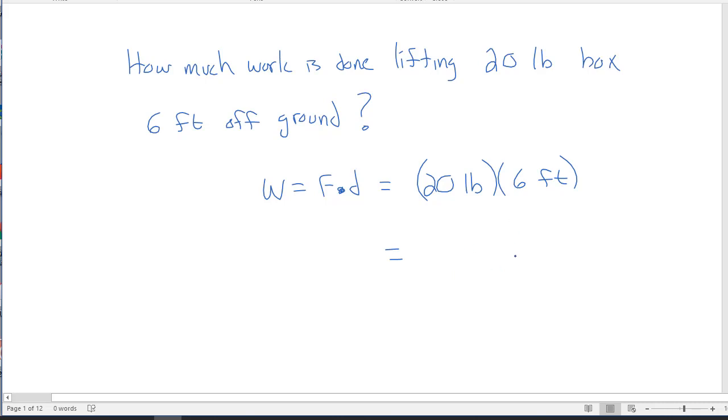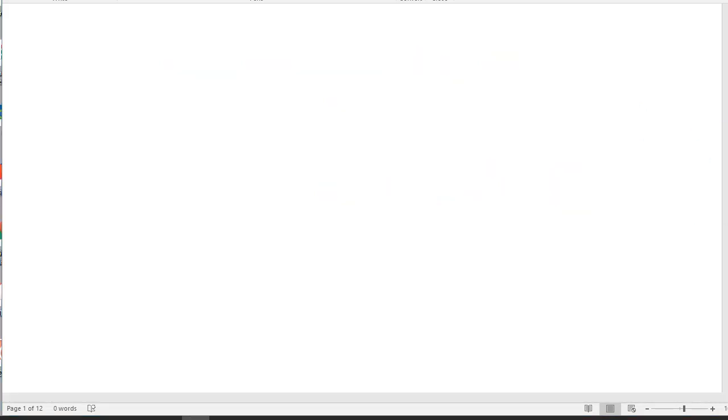So in total, the work we would do in that movement, 6 times 2 is 12, so I'd have 120 foot-pounds of work through lifting the 20-pound box 6 feet off the ground.